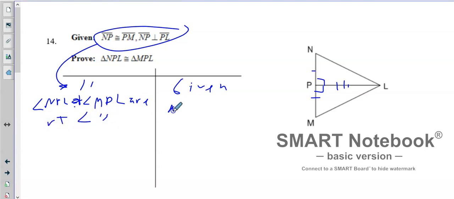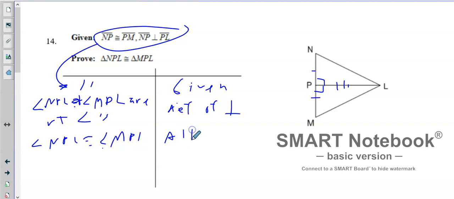And that's the definition of perpendicular lines. Then I can say that angle NPL is congruent to angle MPL because all right angles are congruent. I should state that PL is congruent to PL by the reflexive property.